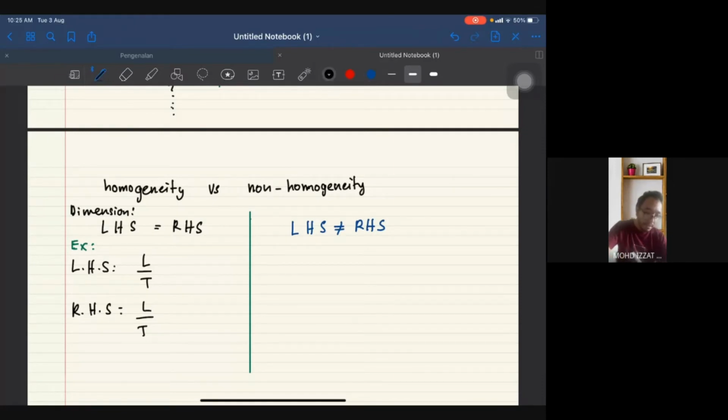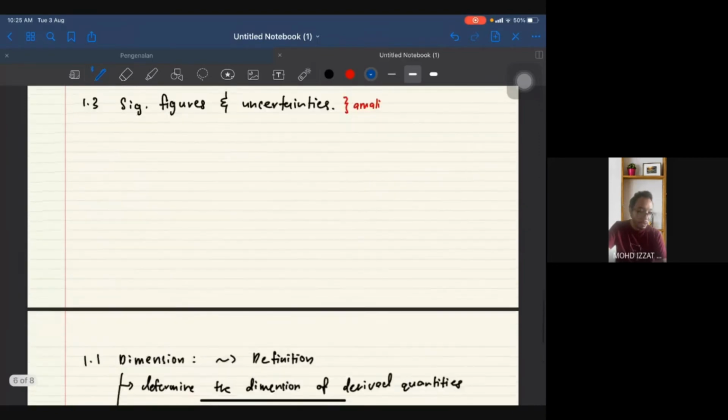So example, when you try to do the dimensional analysis, you end up with left hand side, LHS ni left hand side is equals to L over T. But then when you try to do the right hand side, you get L over T squared. So it's different. So it's not the same. The dimension is not the same. So therefore, you can conclude that the equation is non-homogeneous. So itu je. Tak ada apa pun, senang je chapter 1. Okay.